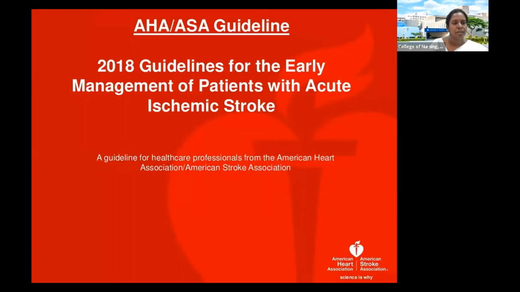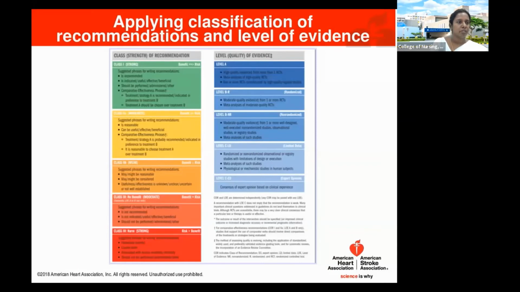I know it's quite an extensive slide deck, but please use it for any reference that you need. This is mainly given by AHA and ASA. AHA is American Heart Association and ASA is American Stroke Association. They have given guidelines for our healthcare workers.